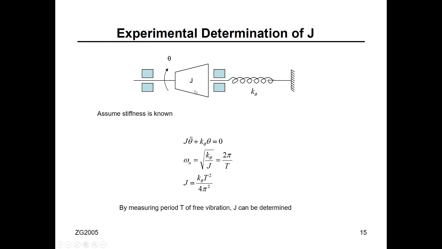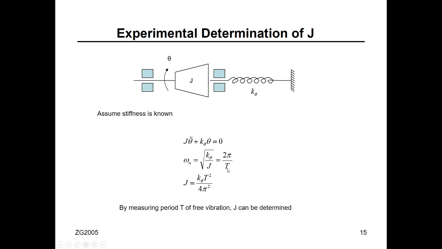Can you find the mass of the turbine? Yes, from the equation of motion. We know the natural frequency is the square root of k over J, or k over the mass. Here, because of torsional motion, it is the torsional stiffness k over the mass moment of inertia J.